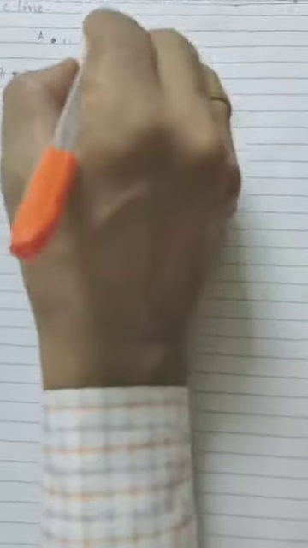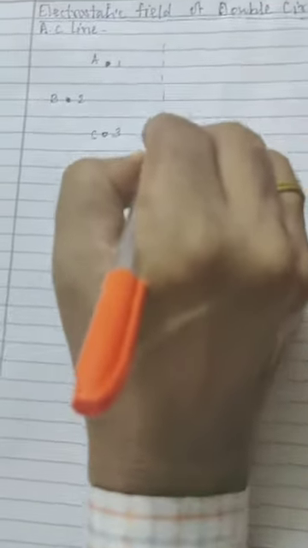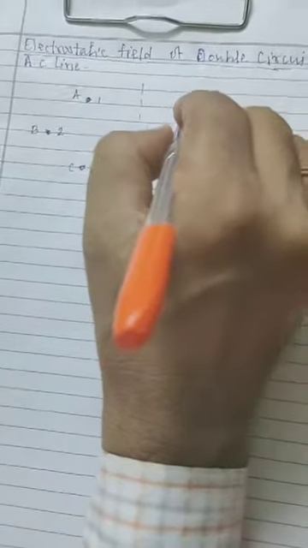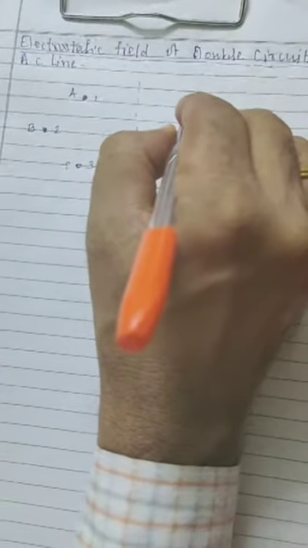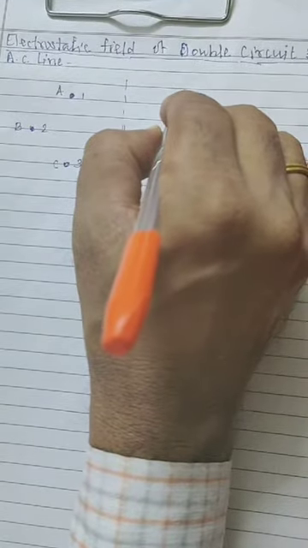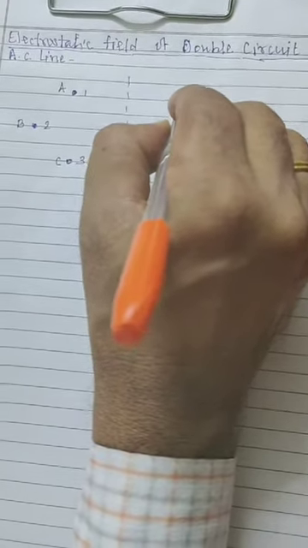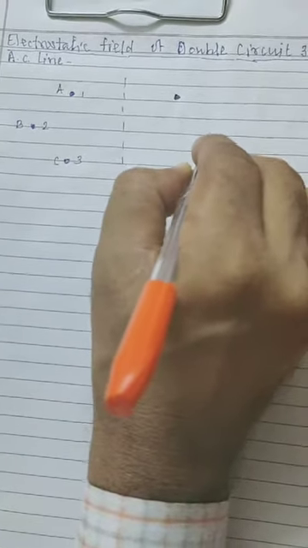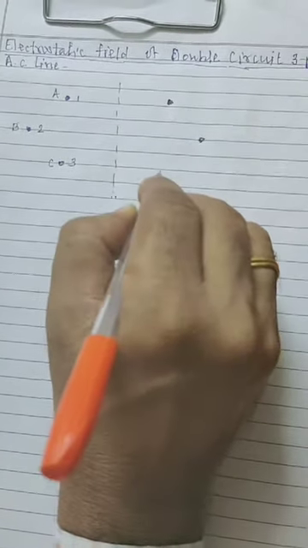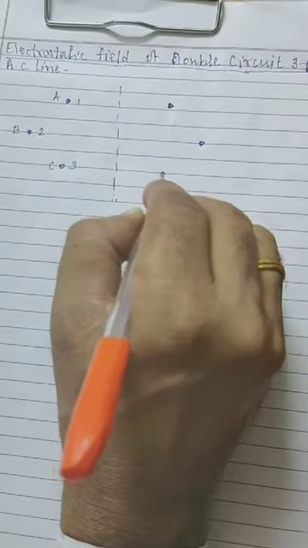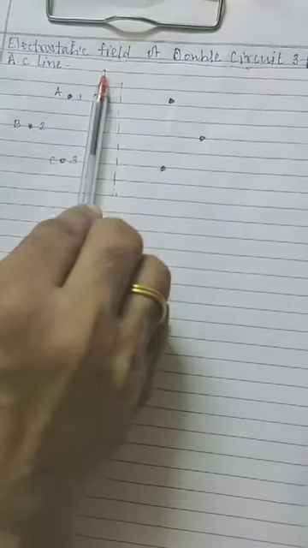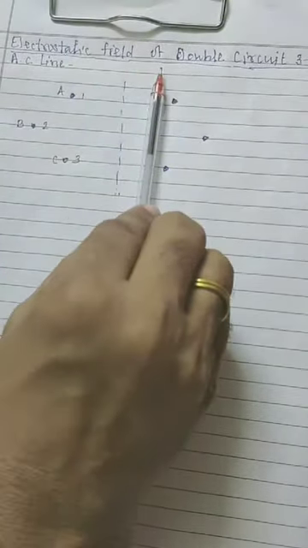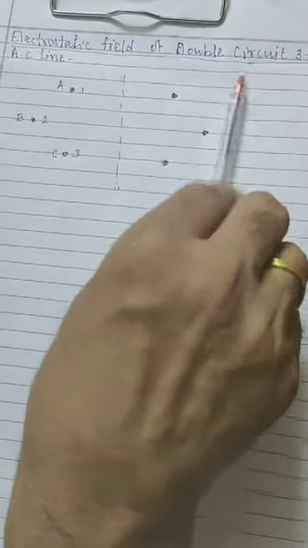On the other side of the tower, there are again 3 conductors of the second circuit. So this is circuit 1, this is circuit 2.